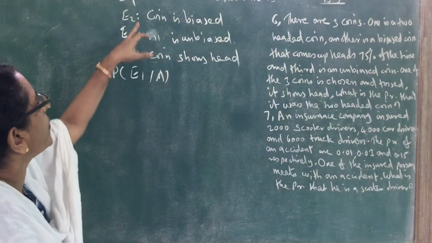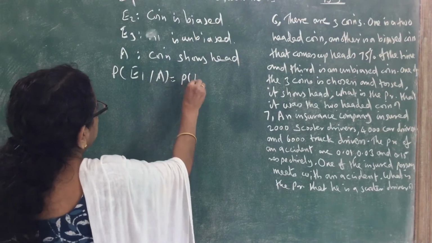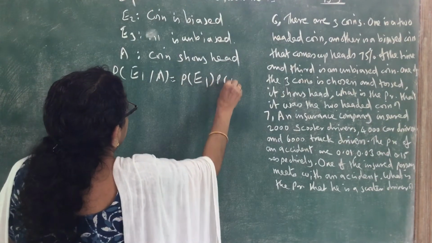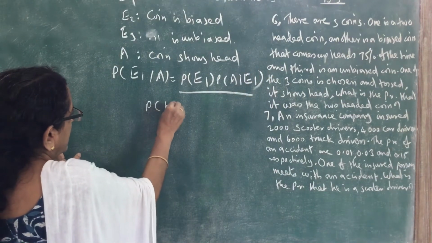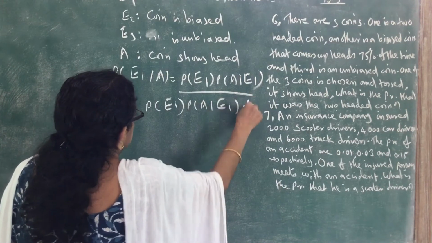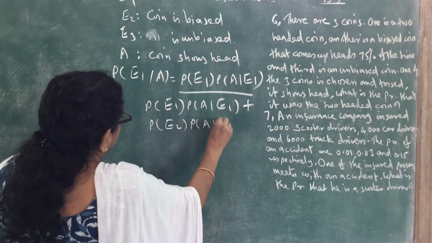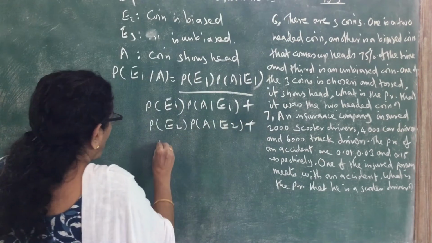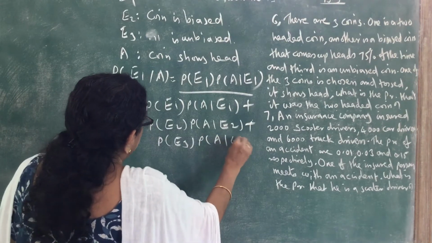So we write the formula: probability of E1 into probability of A given E1, divided by probability of E1 into probability of A given E1 plus probability of E2 into probability of A given E2 plus probability of E3 into probability of A given E3.